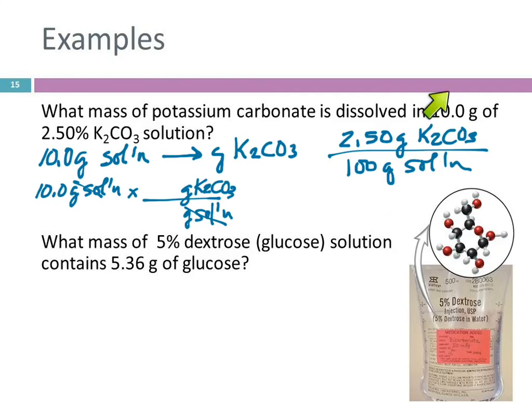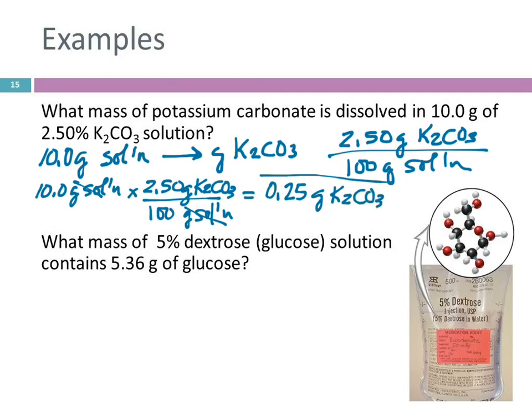We look at our unit factor. 2.5 grams goes with the potassium carbonate, and 100 goes with the solution. So we get 10 times 2.5 divided by 100, 0.25. That's grams of potassium carbonate.